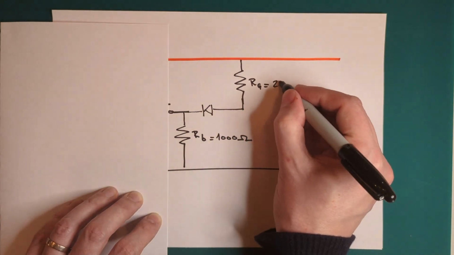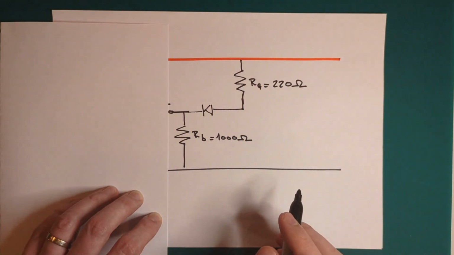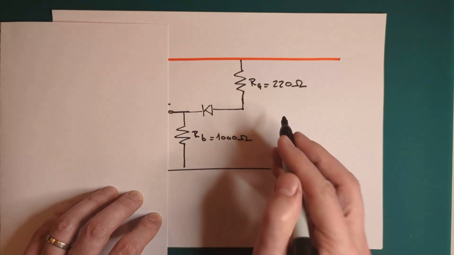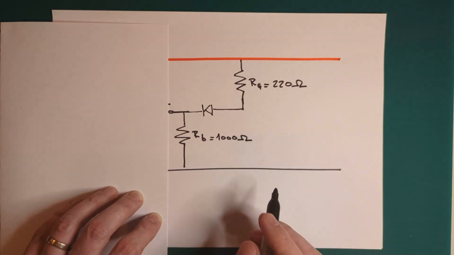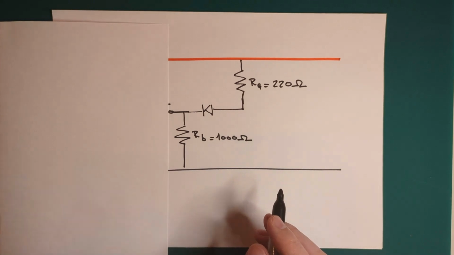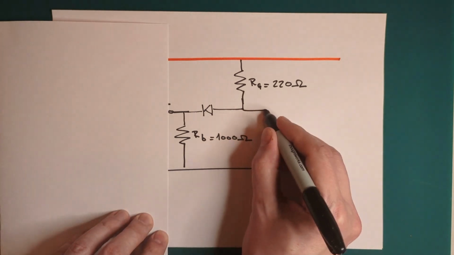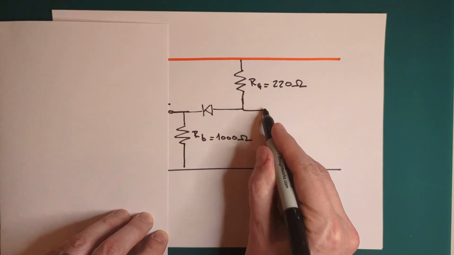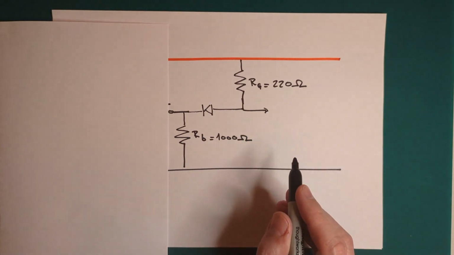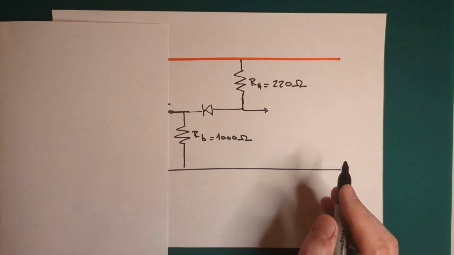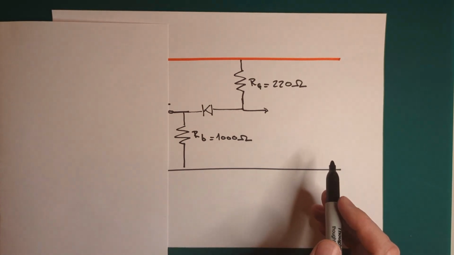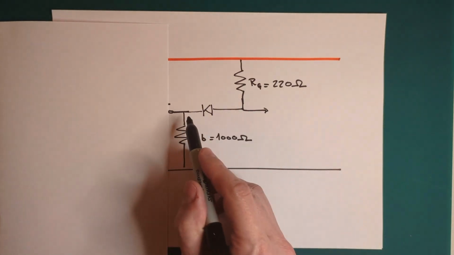I used 220 ohms because this also limits the current to, for example, the output LED, and I would like the LED to be quite bright. And in general, I want my gate to have a good current output, which will allow me to connect it to more stuff. So this is the problem circuit.